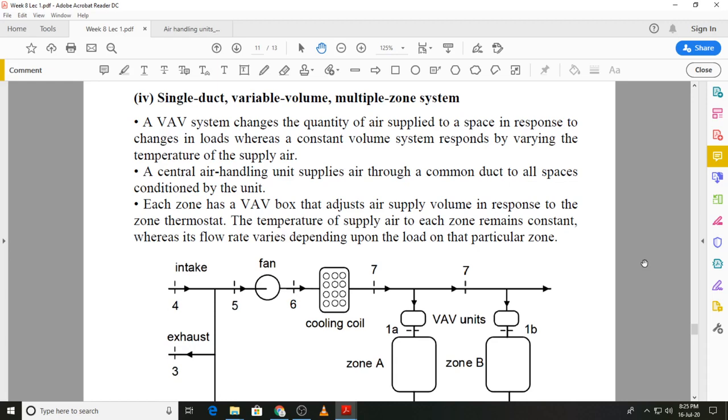Previously we were keeping the quantity of air constant and varying the temperature. It's the other way around in the case of a VAV system. And to ensure that the volume flow rate to the zone can be varied, we need a unit that is known as a VAV unit, or a variable air volume unit, or a VAV box, which will allow us to vary the volume flow rate to the zone.